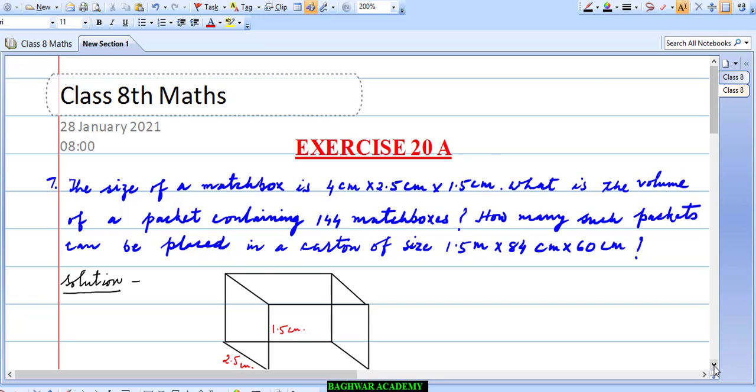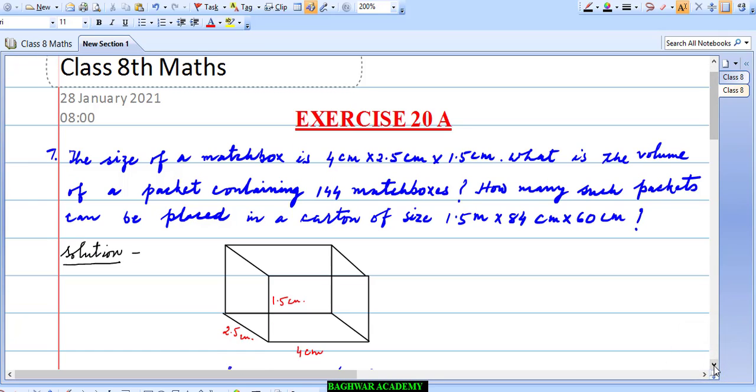So today's question: the size of a matchbox is 4 centimeter, 2.5 centimeter and 1.5 centimeter. This is the dimension given of a matchbox.